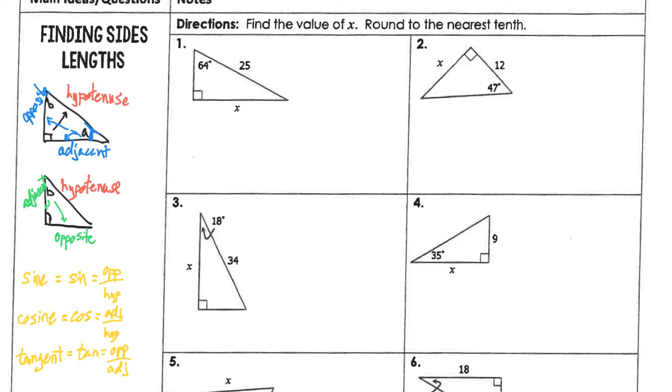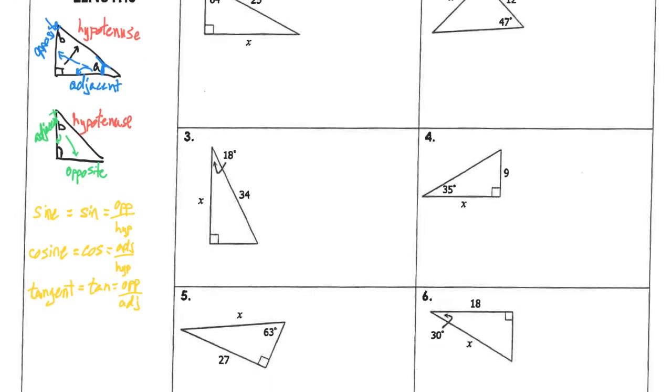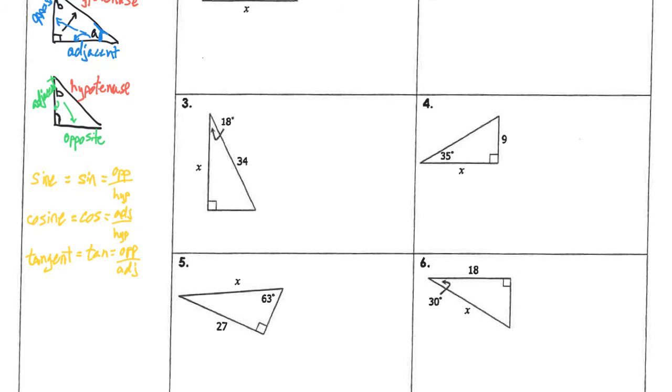Okay, the best way that I have found to remember that is a quick little thing that I call Soh Cah Toa. So, S-O-H, C-A-H, and T-O-A. So those letters come from the little equations up here. So the sine equals opposite over hypotenuse, that's S-O-H.